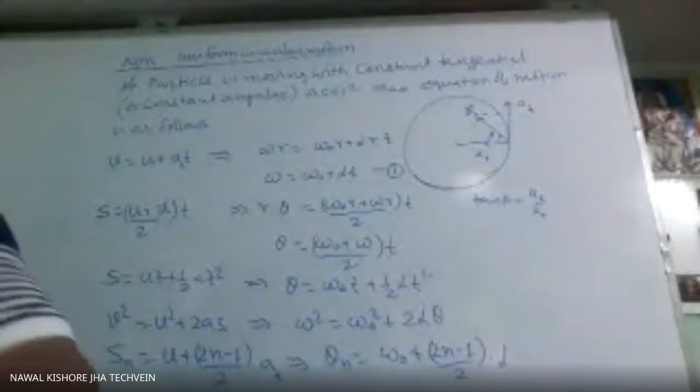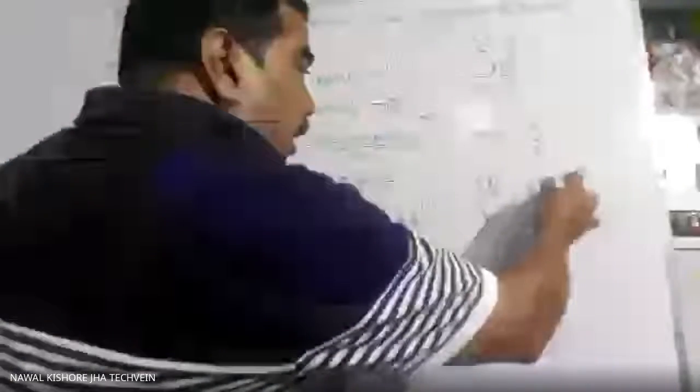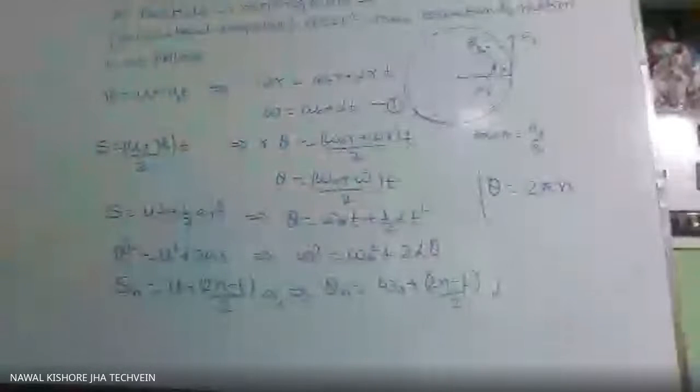Now, if the particle is giving more than one rotation, then theta can be, if it is giving one rotation, theta is 2 pi. If it is given n rotations, then it is 2 pi n. Sometimes theta will not be given directly.